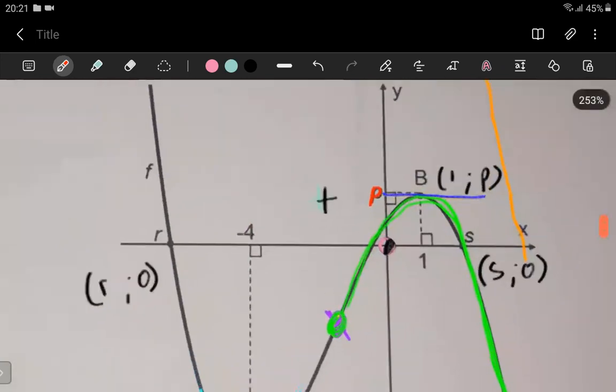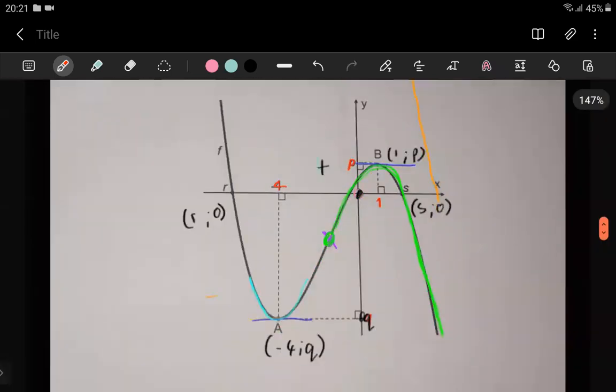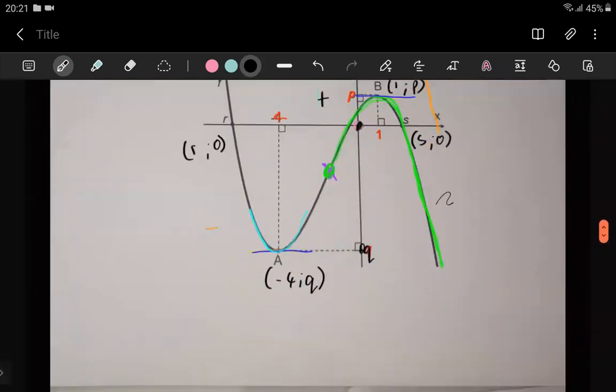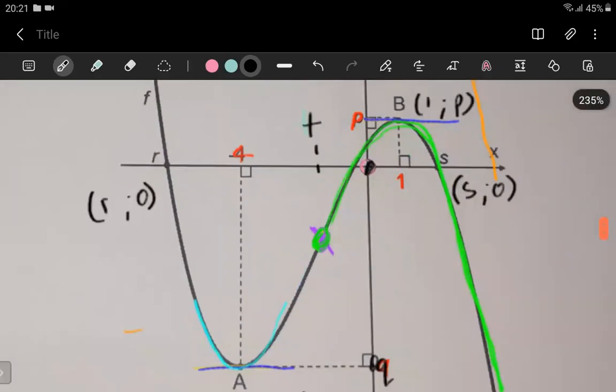So if this is -4, and this is +1, to get the middle of that, you're just going to say (-4 + 1) over 2. This is giving you -4 plus 1, which is -3, divided by 2, which is just -3 over 2. So what we know is that the x value in the middle here is just -3 over 2.